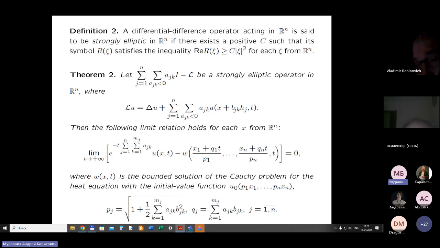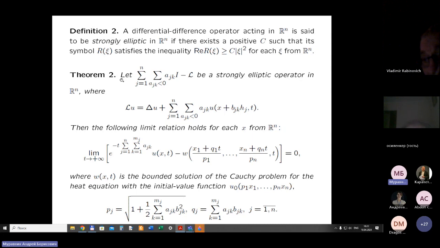Please note that the first assertion, the assertion about the unique solvability of our problem and the integral representation of its solution, needs no additional assumptions. But to say something about the asymptotical property of the solution, we have to assume something else.